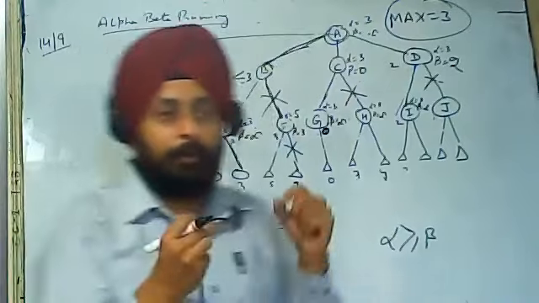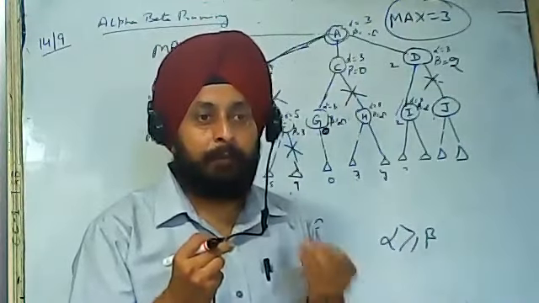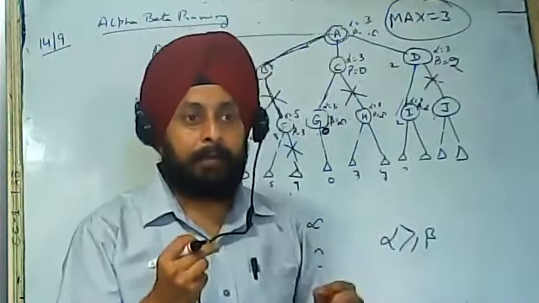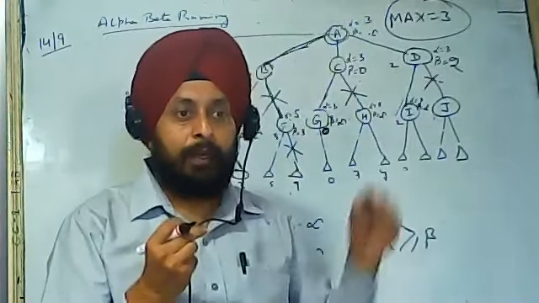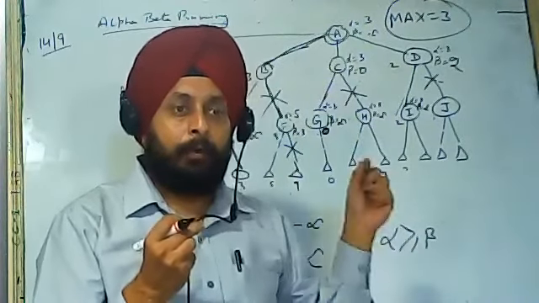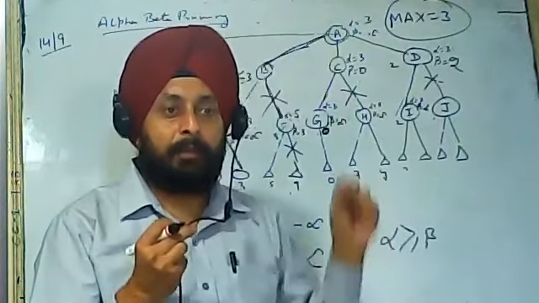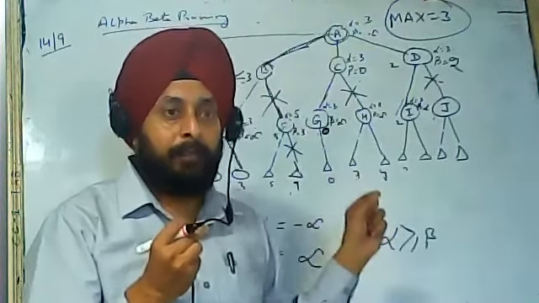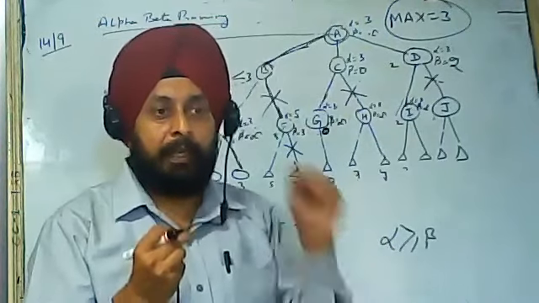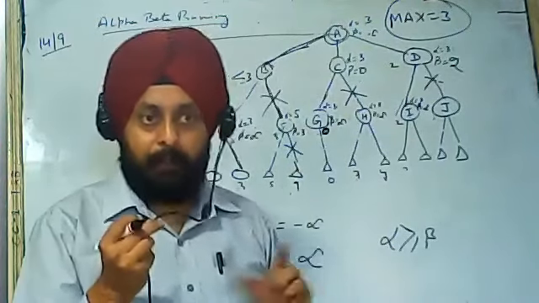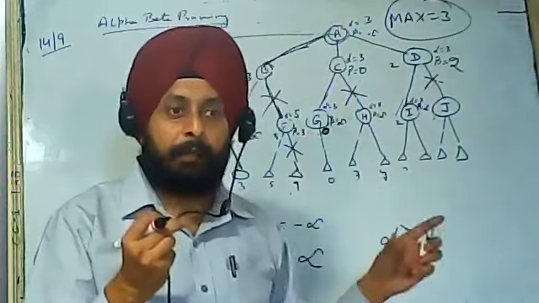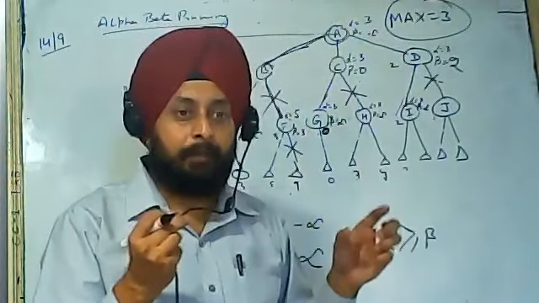So this is all about the alpha beta pruning, and it has got advantages over the min max algorithm. Min max algorithm is also done, and alpha beta pruning is a very important concept from the examination point or any competition exam point.